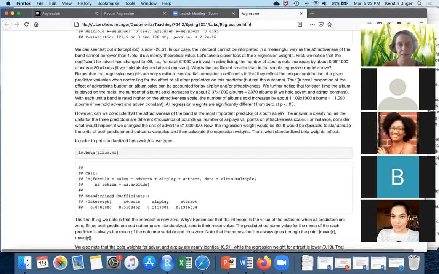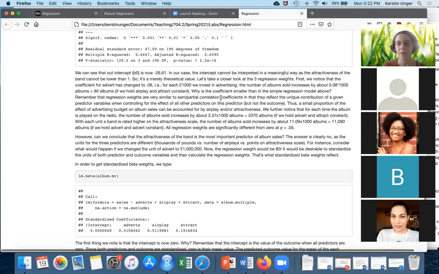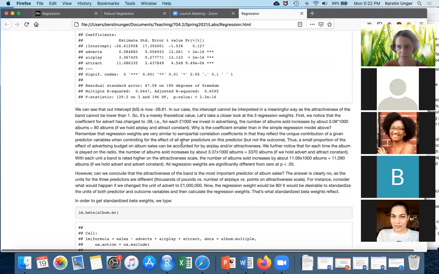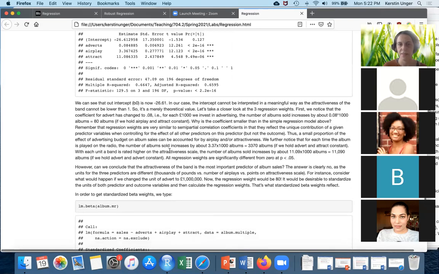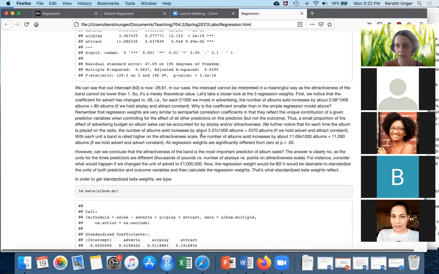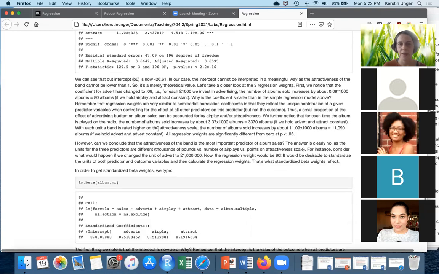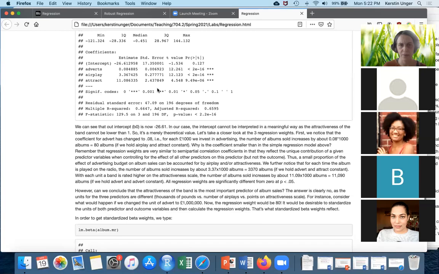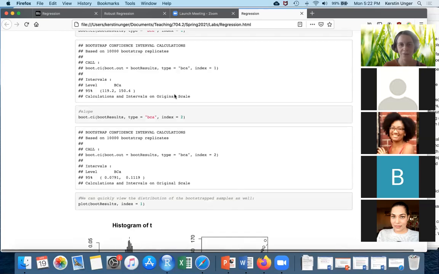Okay. And we also noticed that if we compare our regression coefficient for advertisement to the previous model, we see that it has changed, right? In the previous model it was, I have to look it up.